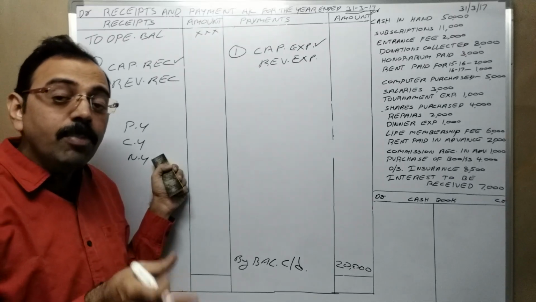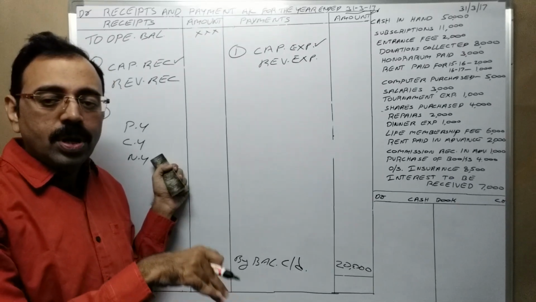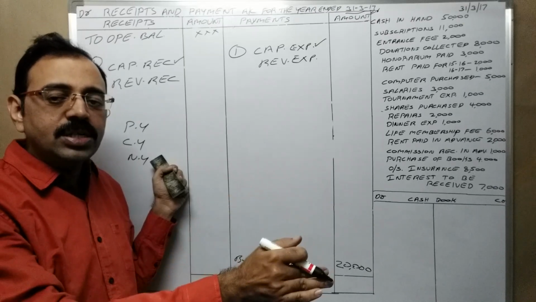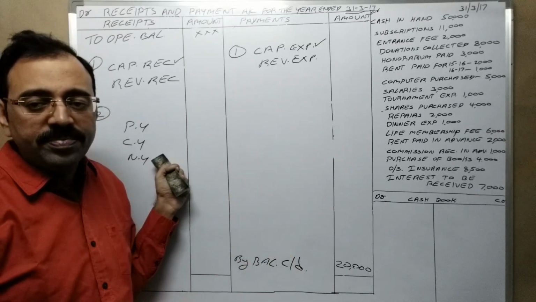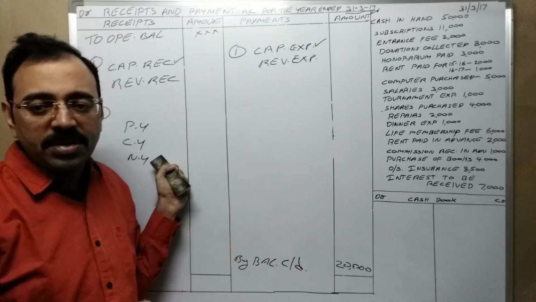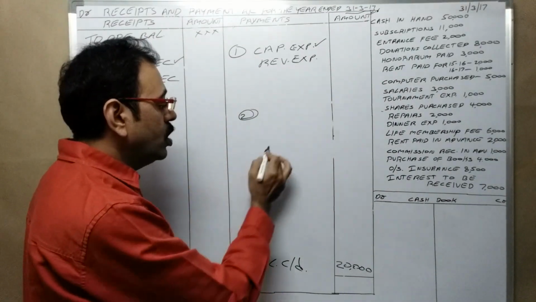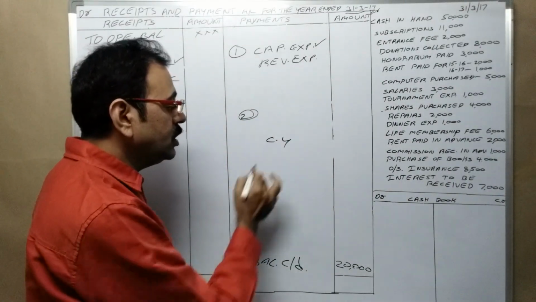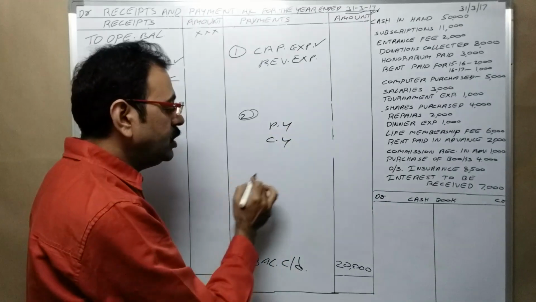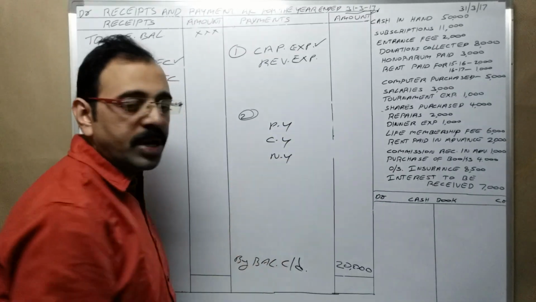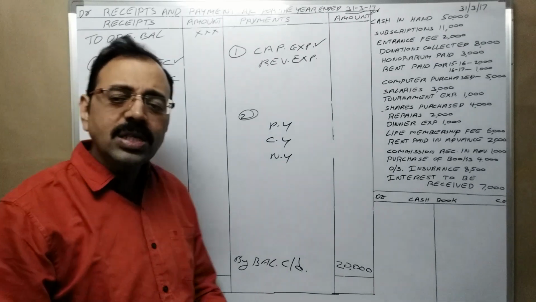You need not bother about that year. Similarly, expenditure side also, current year expenses, previous year expenses, next year expenses. All these three we take.